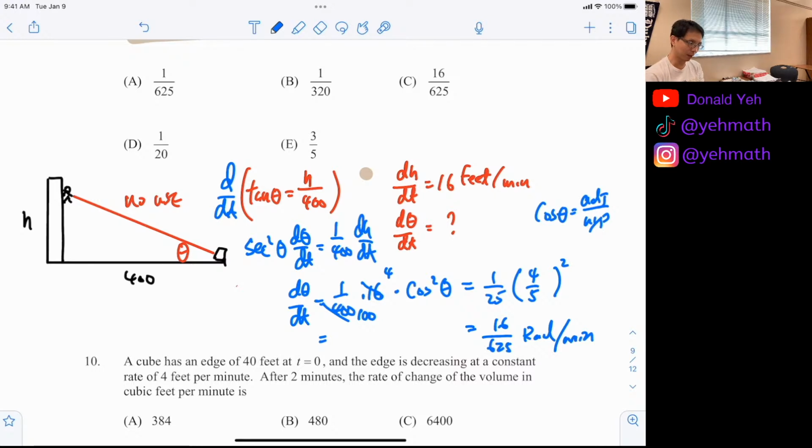Let me see if I can do that in the calculator. So 16 divided by 625, and times 57.3 degrees. So it's probably 1.5 degrees change every minute. Not really fast, but I'm pretty sure the guy's climbing pretty fast.